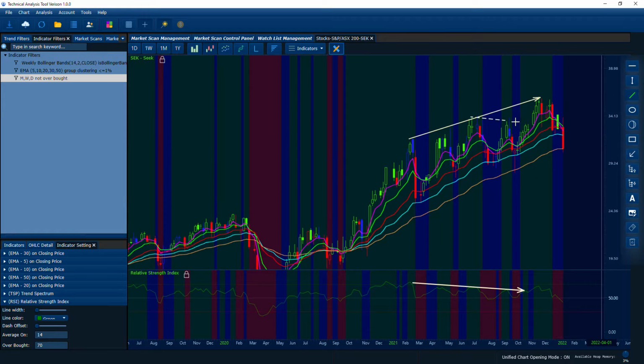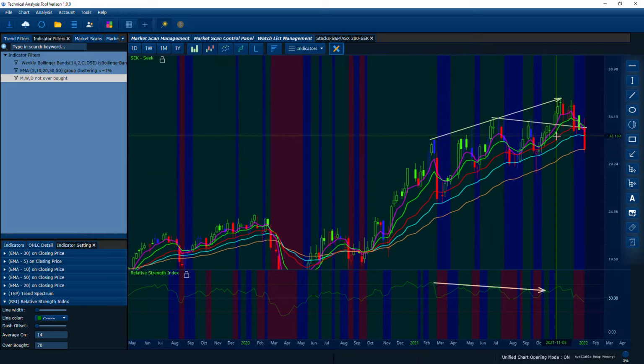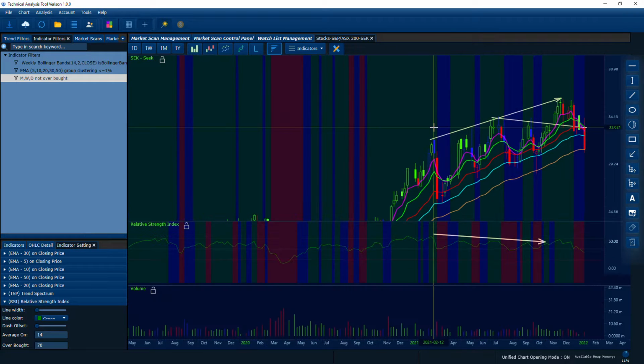If you draw a trend line here, the price actually breaks up. Looking at the volume, it's not that significant, but it breaks up. The volume for that week is very small.